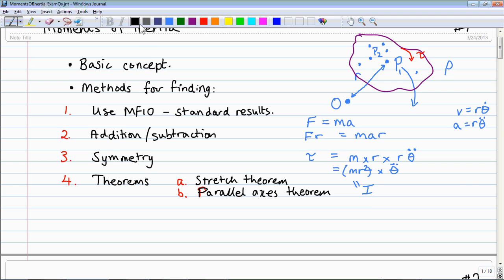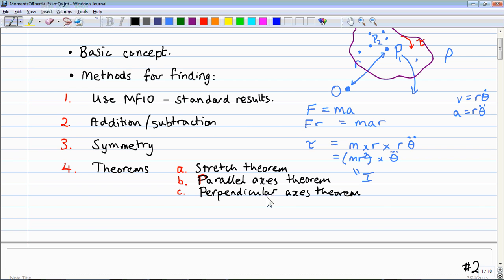And the third one, similarly, is called the perpendicular axes theorem. Okay, so you should review these 3 concepts. They're all very important. Let me briefly show you them in my notes.